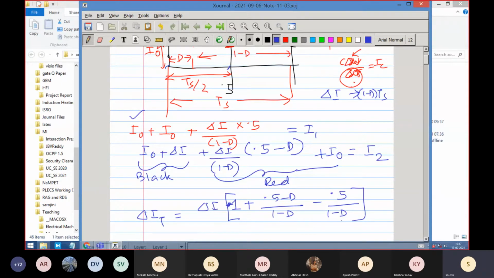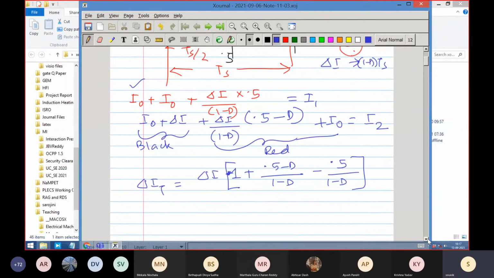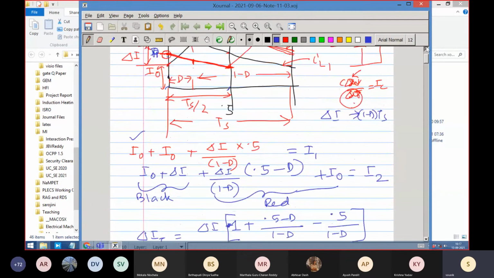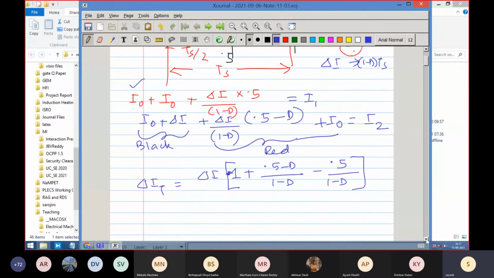Please check whether I am doing correctly. Please tell me if I am making a mistake. So this is delta IT, because it is nothing but the difference between I1 and I2. This current I have defined as I2 and I1. So I2 minus I1 is this. Then this is equal to delta I into 1, plus 0.5 by 1 minus d, minus 0.5, that cancels.